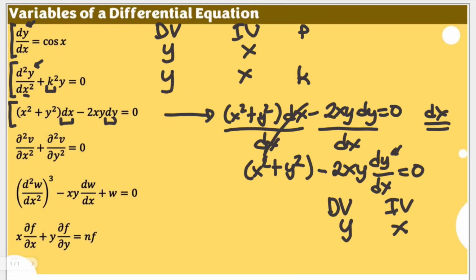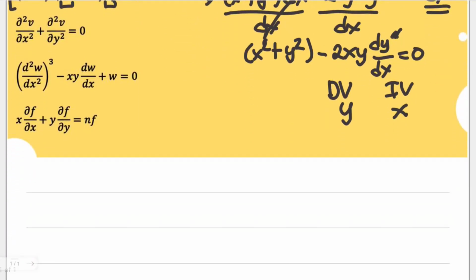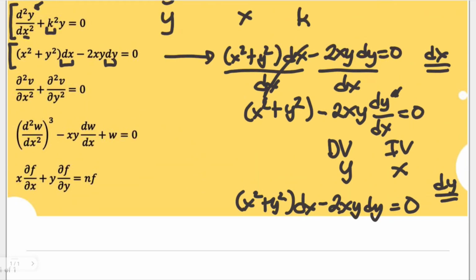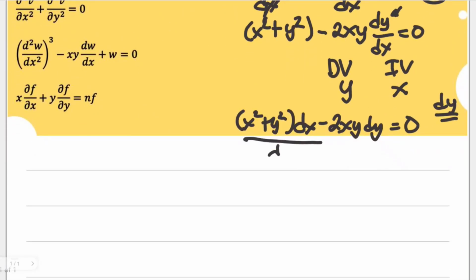I mentioned earlier that there's also another case here. Using the given, you have x squared plus y squared dx, minus 2xy dy, equal to 0. What if we divide all terms by dy instead? Earlier we used dx, and this time we're going to use dy. That would mean dividing this by dy, and the dy here cancels. Of course, 0 divided by dy is 0.